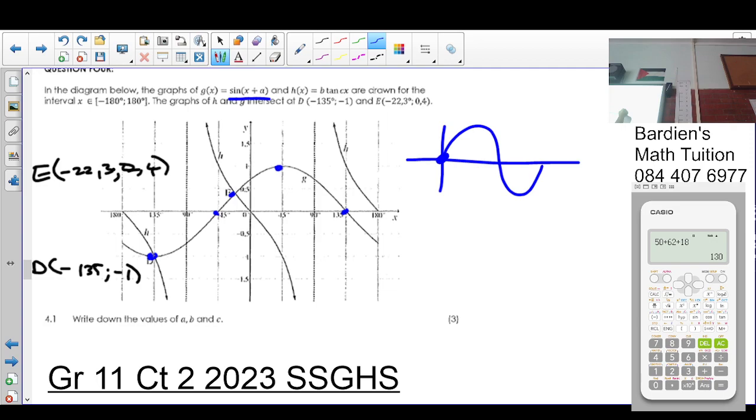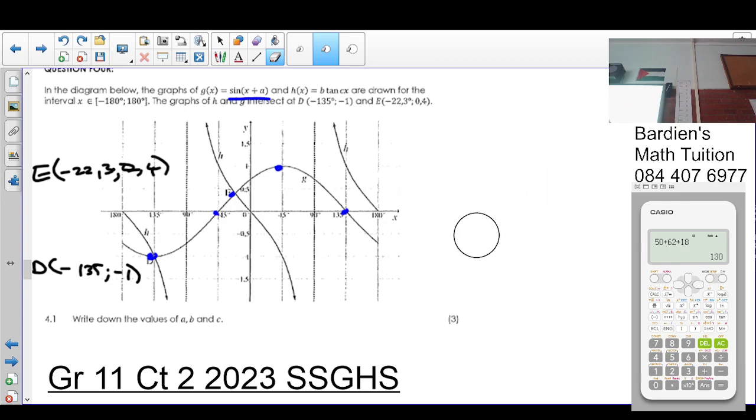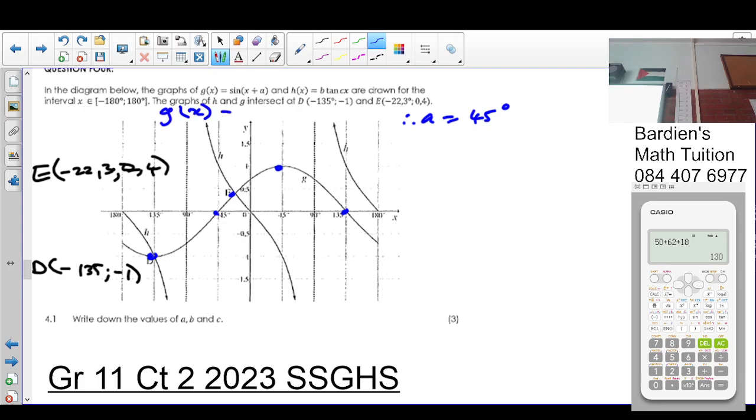What you should notice is that this graph is actually shifted how many degrees to the left? 45. You see that in the negative direction, so that means it must be a positive 45. Therefore a is going to be 45 degrees, which means g of x is now equal to sine of x plus 45. So the graph moved 45 degrees to the left. Now we're looking at b.